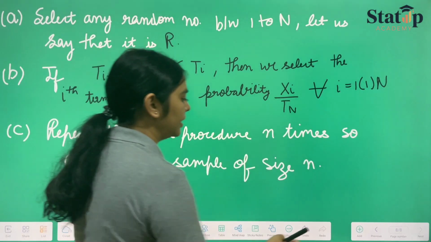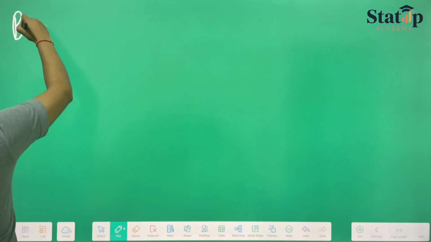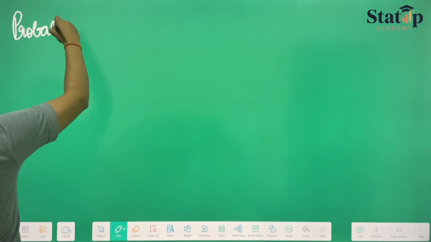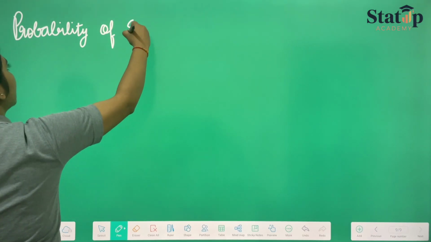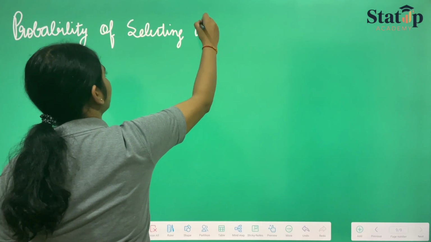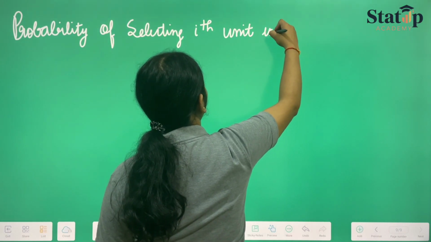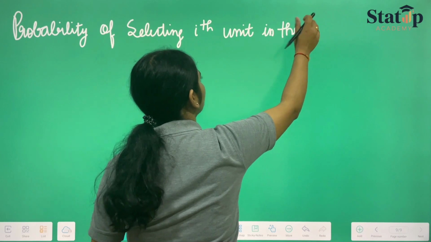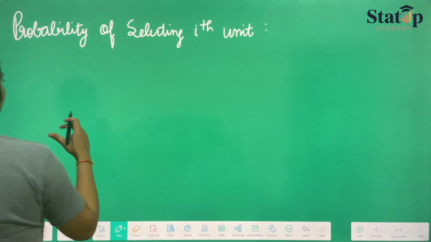Now the probability of selecting the ith unit in the population, or we can write only selection, it is understood that we are selecting from the population.